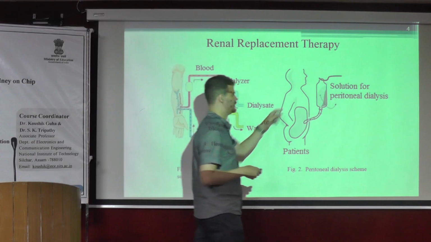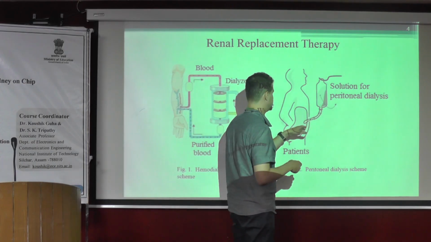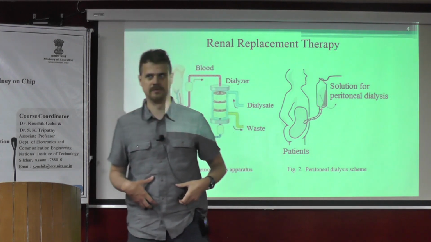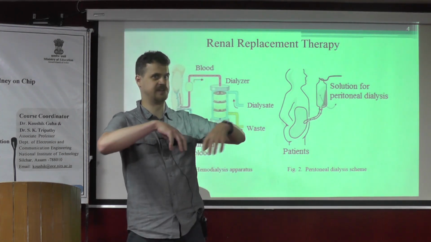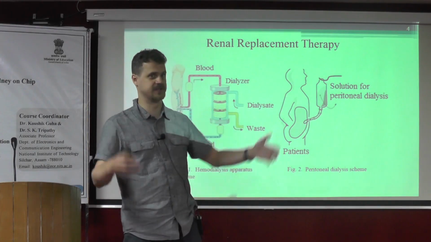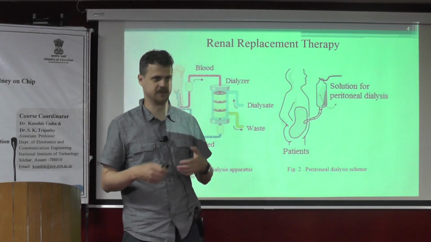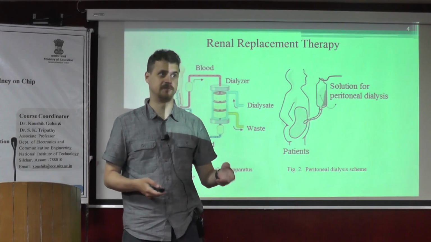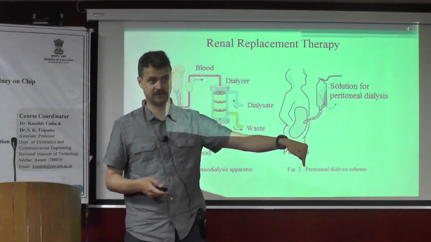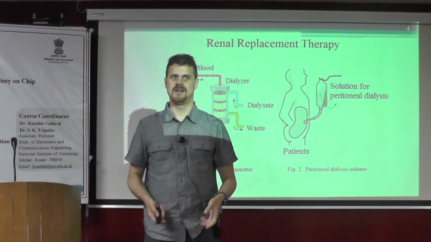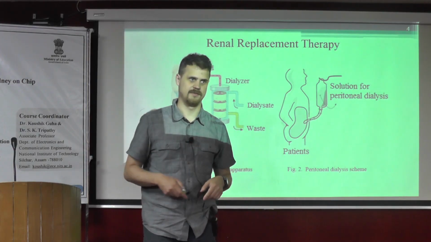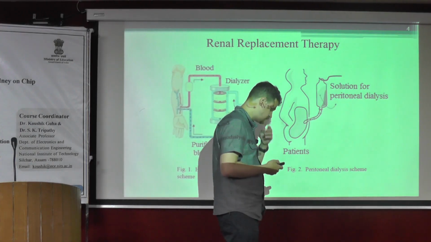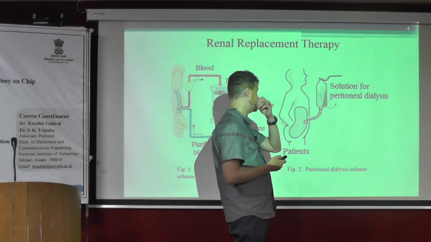We pour the solution for peritoneal dialysis inside the peritoneal cavity, and due to the contact between the dialysis solution and the internal organs and walls of the peritoneal cavity, we observe the diffusion of metabolites from human blood into the peritoneal dialysis solution. We also manage to perform ultrafiltration flow during peritoneal dialysis.